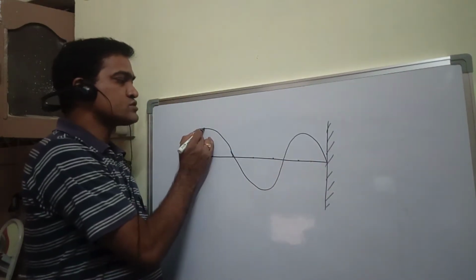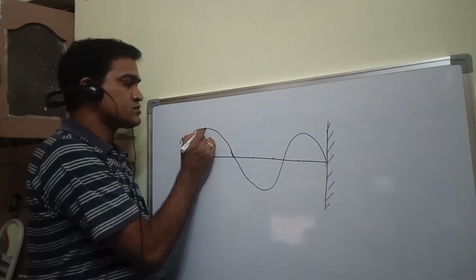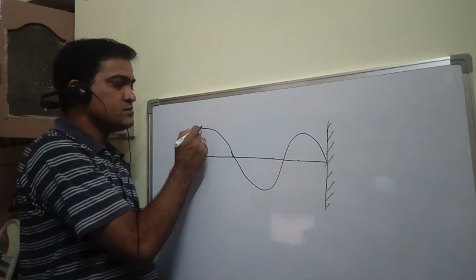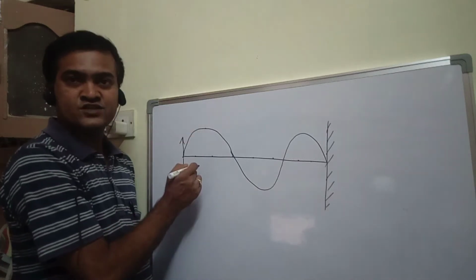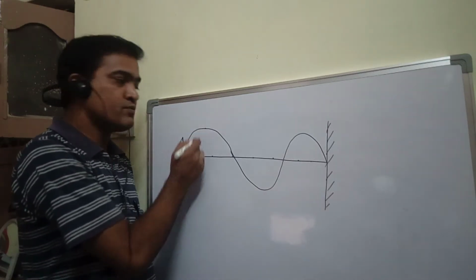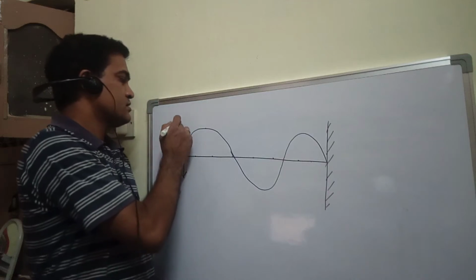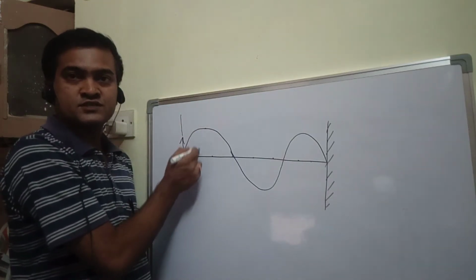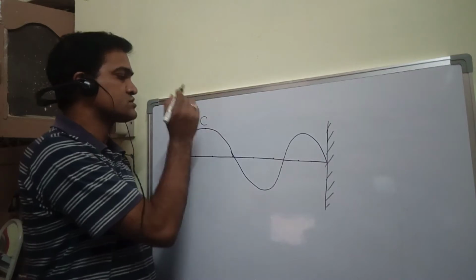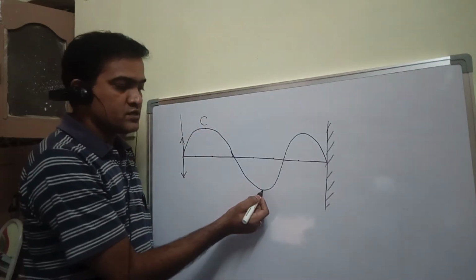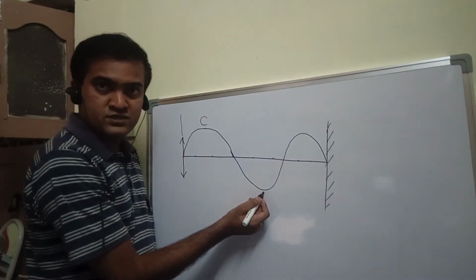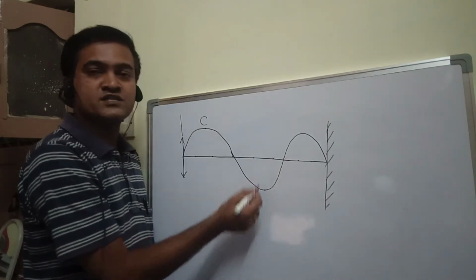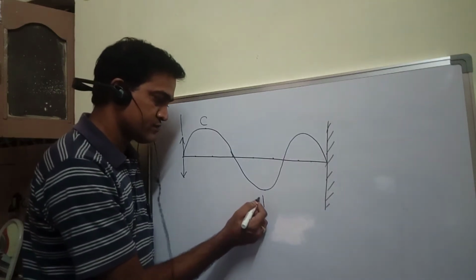The topmost point along the positive y direction, or you can say the upward displacement, is called the crest, and the bottommost point along the downward displacement is called the trough.